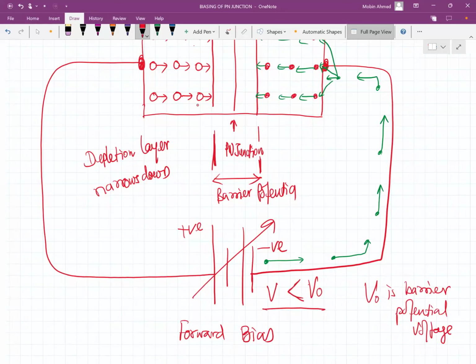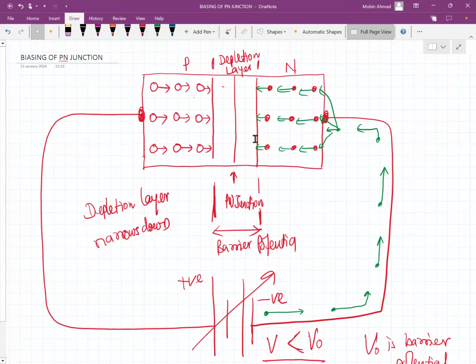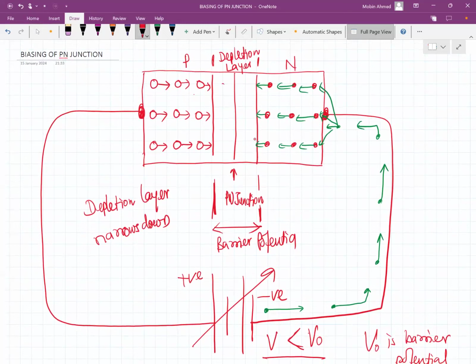When V becomes equal to V naught, the depletion region narrows down further like this. So this will be the depletion region now.